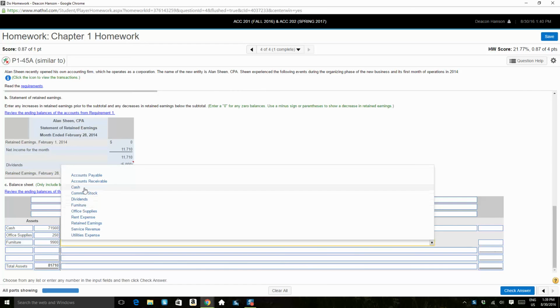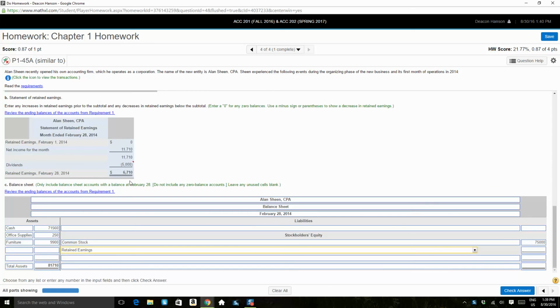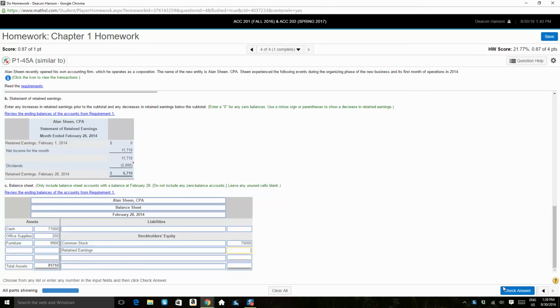Then we have our retained earnings, and that's 6,710 from the retained earnings statement right here. So if we add those together, we're going to have 81,710 total liabilities and stockholders' equity.